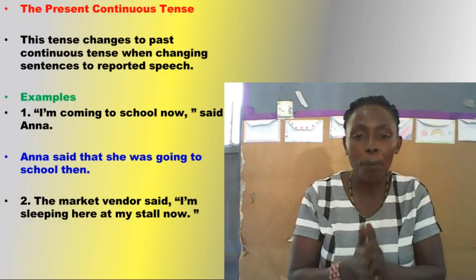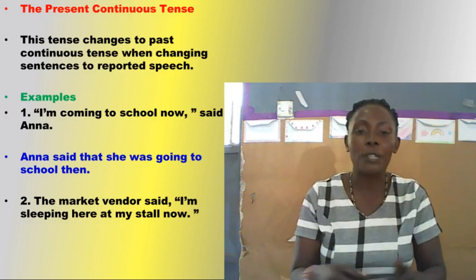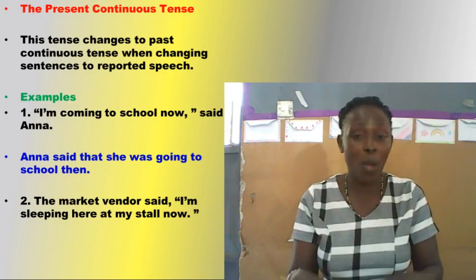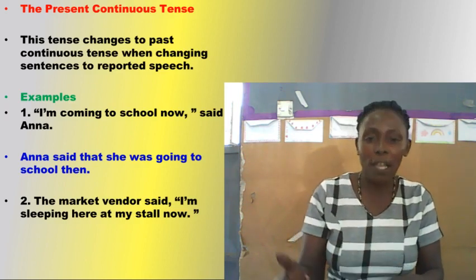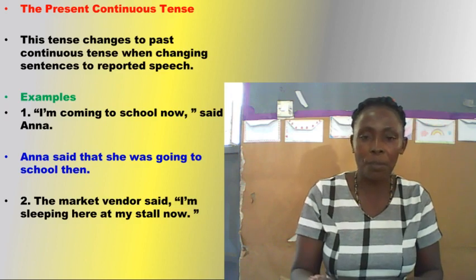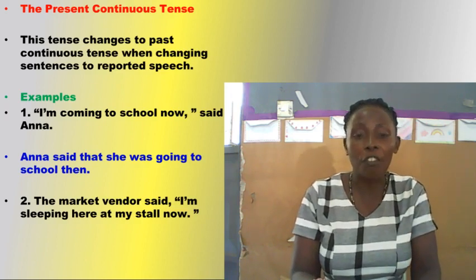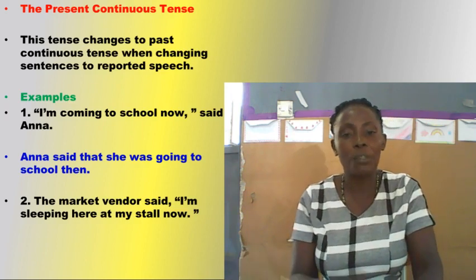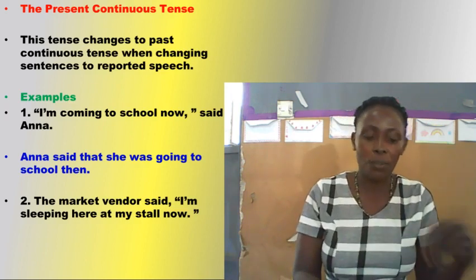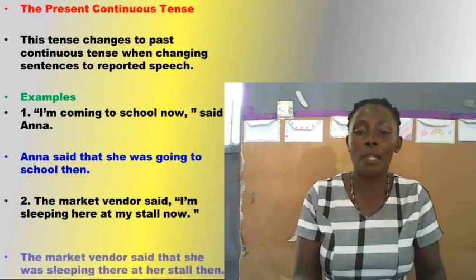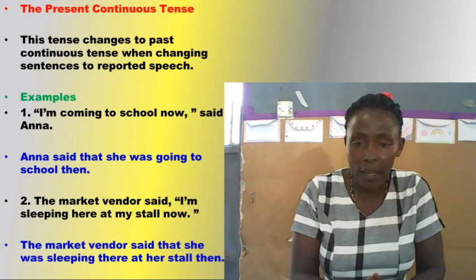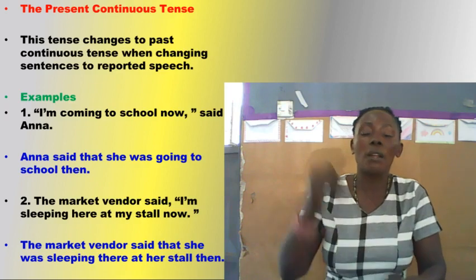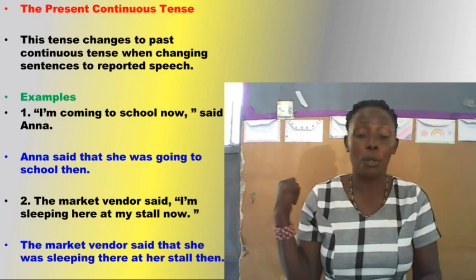I'm going to change my pronoun I to he, or you can change it to she. I'm going to change am to was. Here, an adverb, changes to there. Now, also an adverb of time, changes to then. So the answer is, the market vendor said that she was sleeping there at her stall then. That time you saw her.